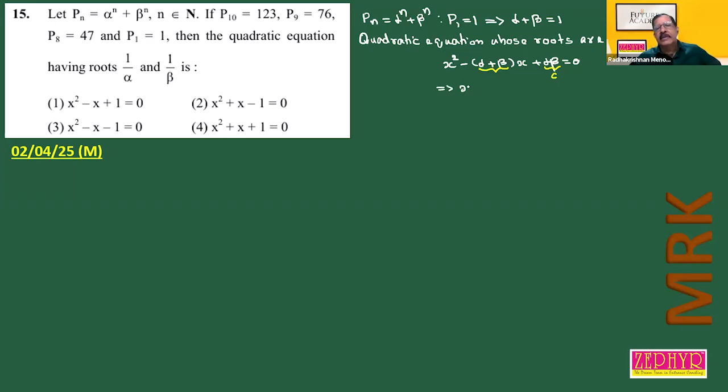Which implies x squared minus x plus C equal to 0. Okay. Now we have to find out C. So as said earlier, put x is equal to alpha.